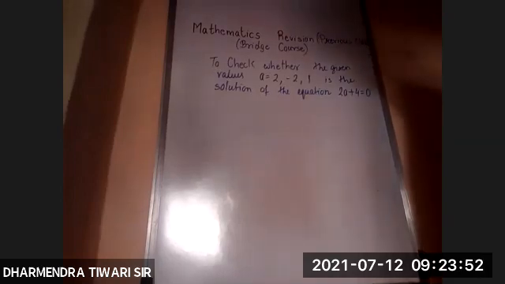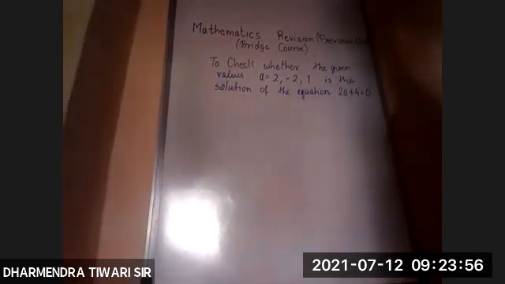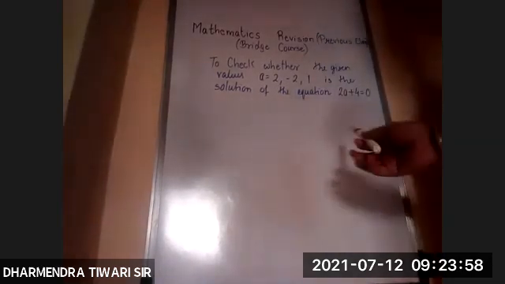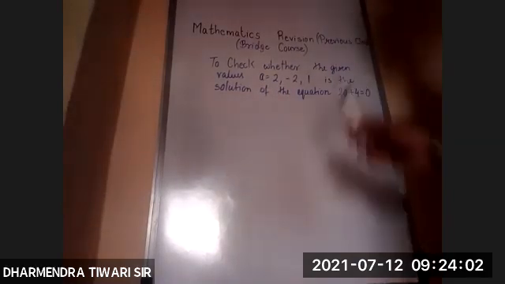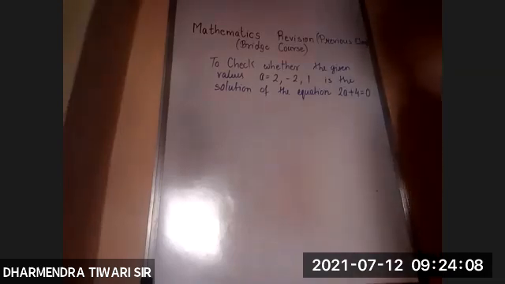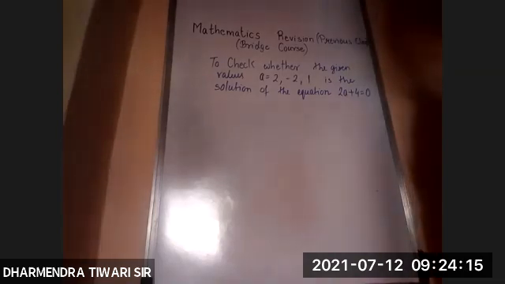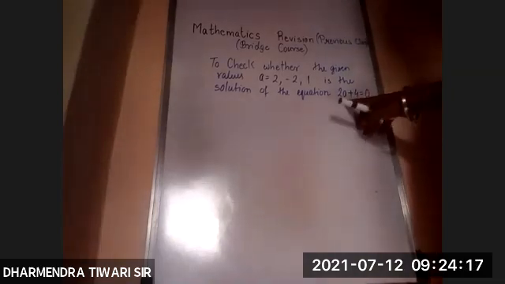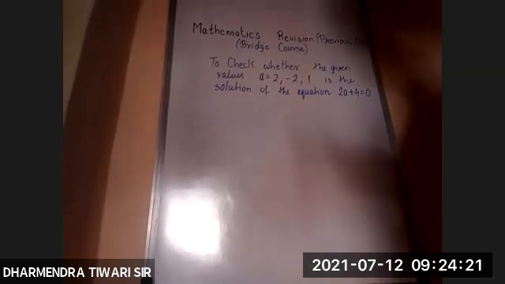Solution means whatever value you substitute for a, after substituting the value of a in left hand side, you should get the same answer which is present on right hand side. So left hand side should be equal to right hand side. So what value of a will I substitute so that I will be getting 0? We need to check.